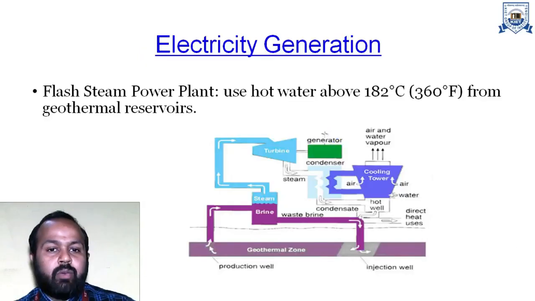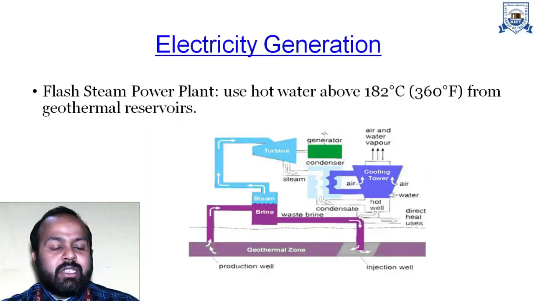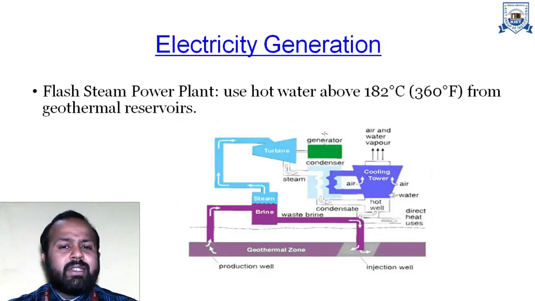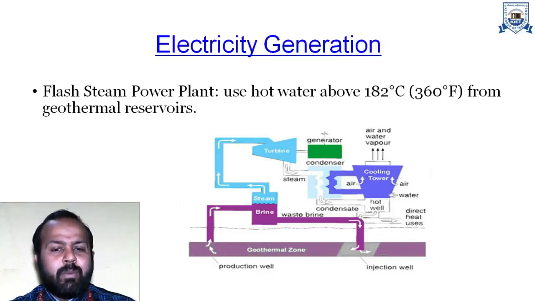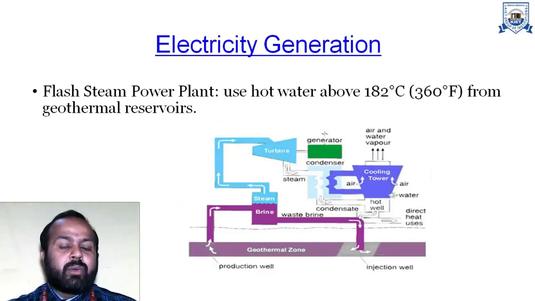Now move on to our next electricity generation, that is the flash steam power plant. It uses geothermal reservoir temperatures above 182 degrees centigrade. Its function is the same as the dry steam power plant, but in this one we have to use a brine solution. The brine solution gets heated by the hot water steam, and the brine solution is circulated into the whole assembly of the power plant.